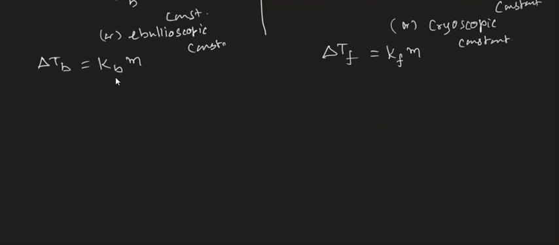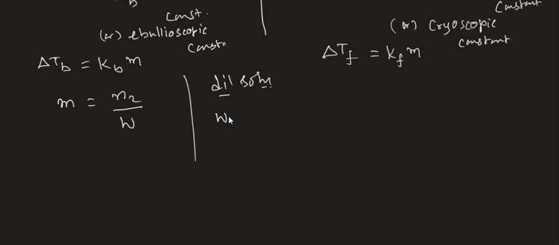Molality is nothing but the number of moles divided by the weight of the solution. Since we consider a dilute solution, the weight of the solvent is more than the weight of the solute, so in the denominator this can be cancelled.